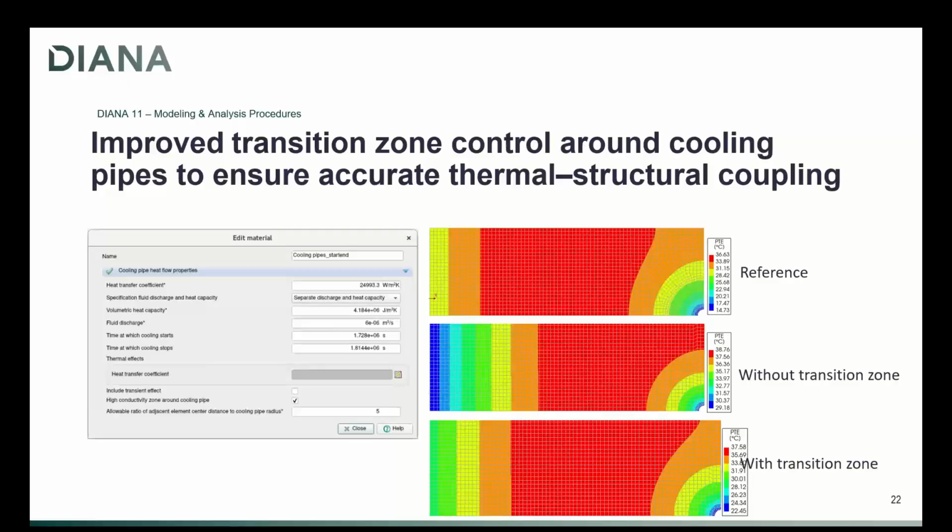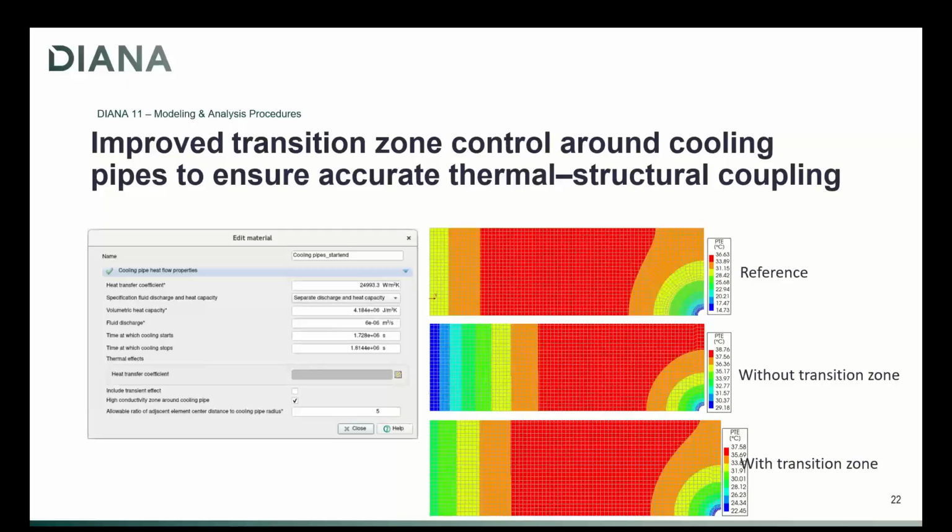In a 1D element, that cannot be reproduced exactly. So as a remedy, in a region the same as the radius of the cooling pipe, we make that region highly conductive.